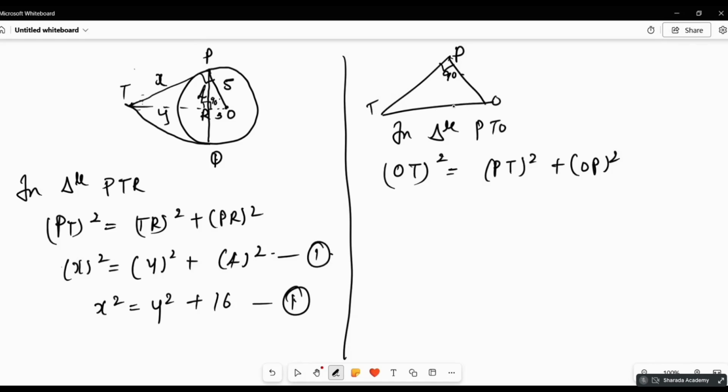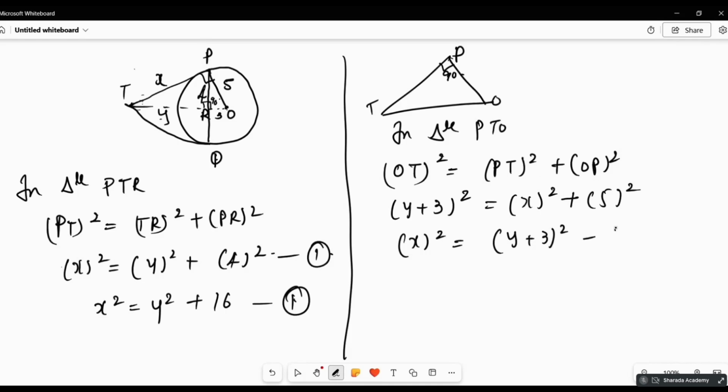OT is Y plus 3. That is equal to PT, X square, plus OP square, which is 5 square. So I can write X square is equal to Y plus 3 whole square minus 25.